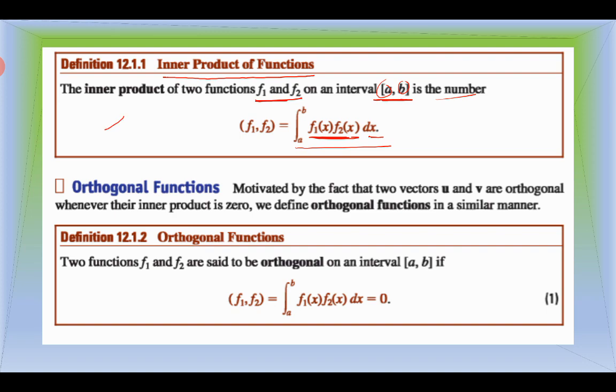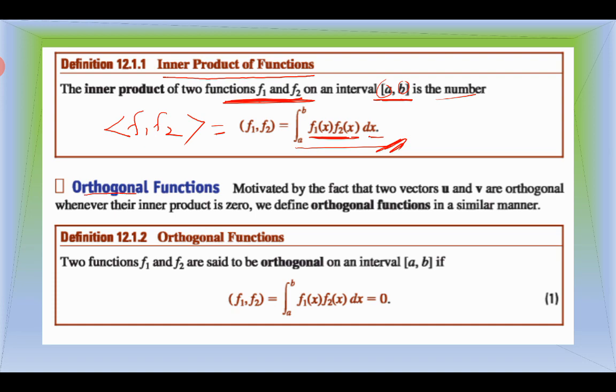The notation looks like this: inner product of f1 comma f2, isn't it? So instead of two vectors, we get two functions. The inner product has been defined as the integration of these two functions from the lower limit to the upper limit of the interval.